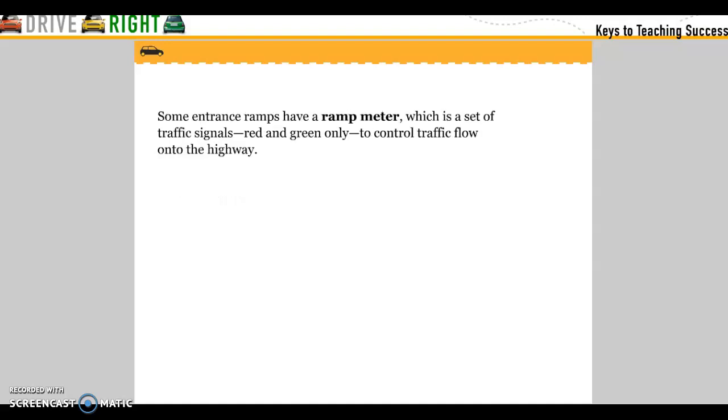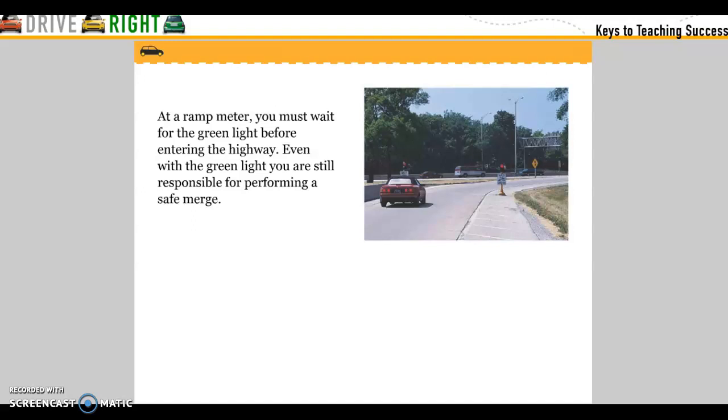Some entry ramps have a ramp meter, which is a set of traffic signals, usually only red and green, to control traffic flow onto the highway. At a ramp meter, you must wait for a green light before entering the highway. Even with the green light, you are still responsible for performing a safe merge.